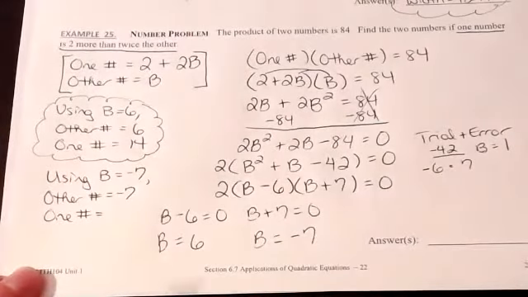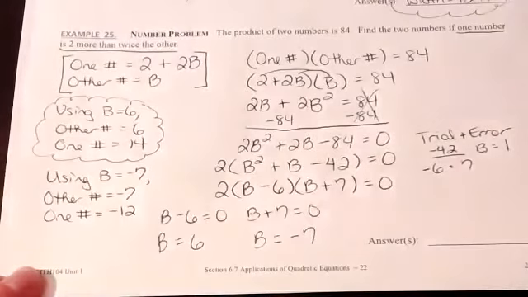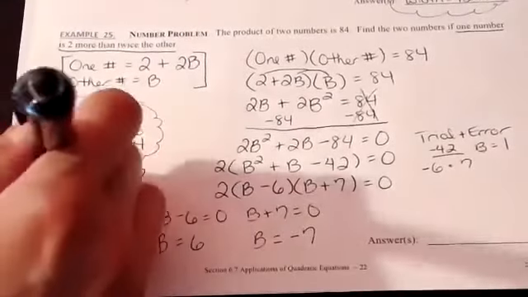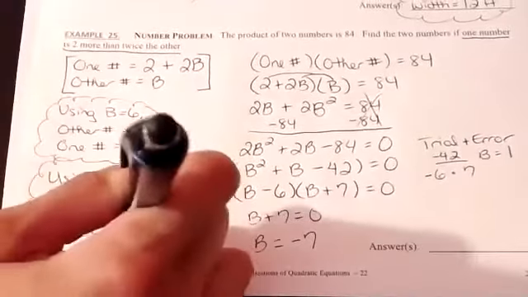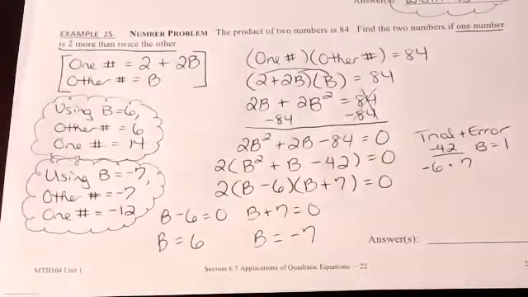If we do 2 plus 2 times negative 7, we have negative 14 plus 2, which gives us negative 12. Negative 7 times negative 12 also gives us 84. So you actually have two sets of possible solutions. It could be 6 and 14, or it could be negative 7 and negative 12.